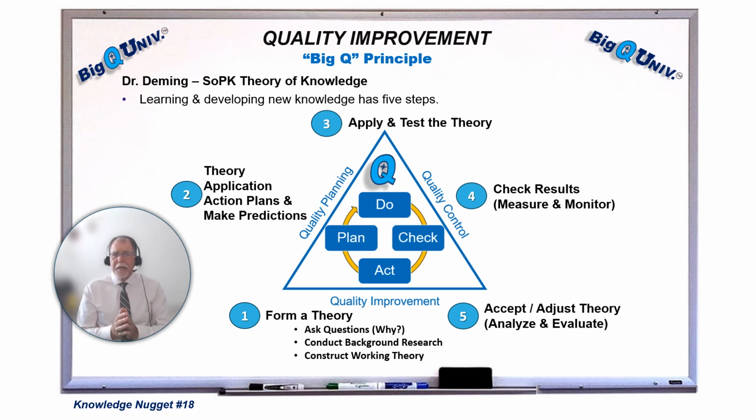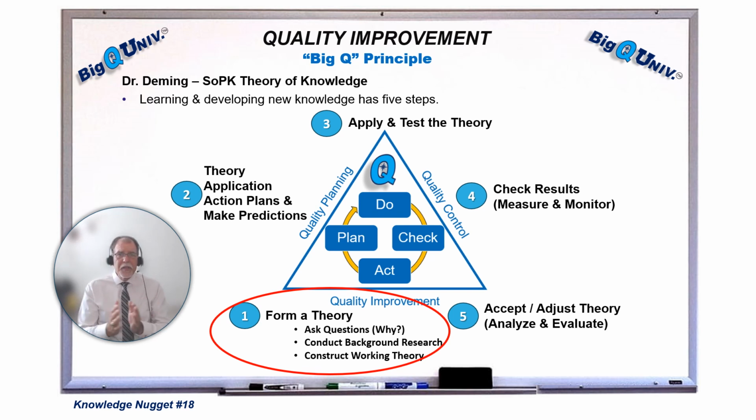Deming felt that learning and developing new knowledge about a process has 5 core steps. The first step is to form a theory regarding the performance of the process. To do this, we first ask questions. We ask why. We ask, why is the process producing a particular result? We answer these questions by conducting background research.